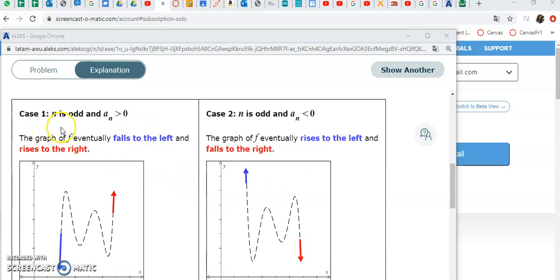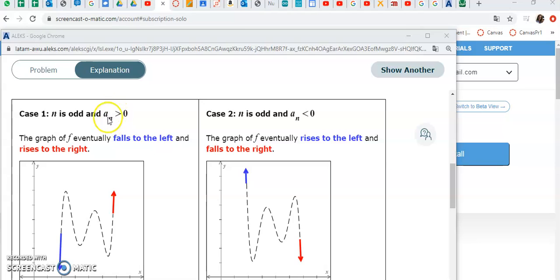Look, as this is a third degree function, this is an odd degree. So look, here we have the two cases for odd degrees. n is taken as the degree. So when n is odd, and a subindex n is the leading coefficient.